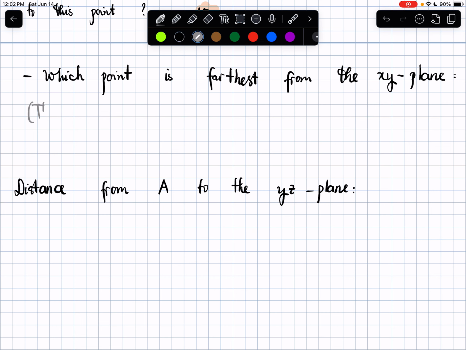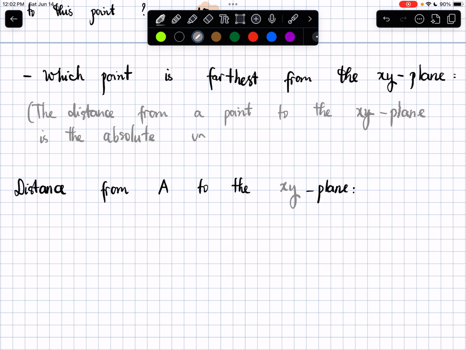So the distance from a point to the, sorry, we are talking about the XY plane, is the absolute value of the z coordinate.